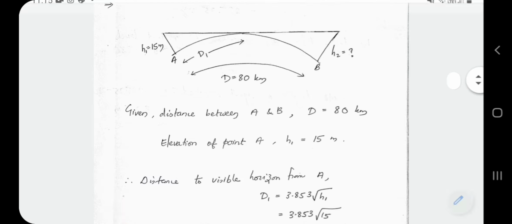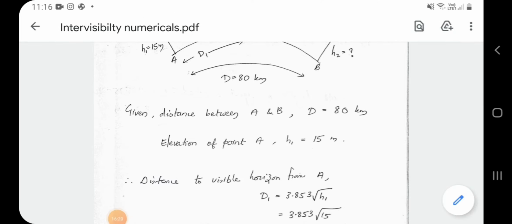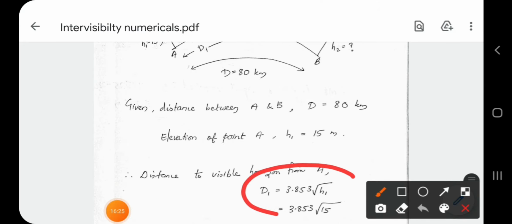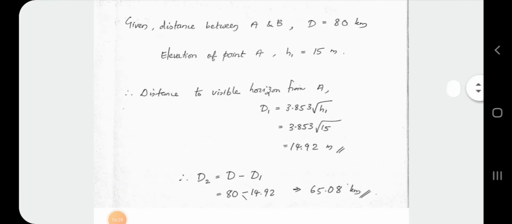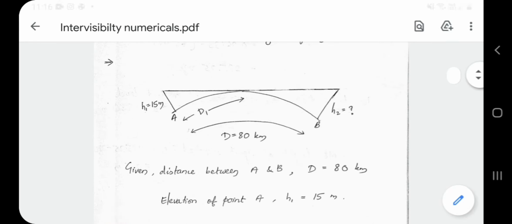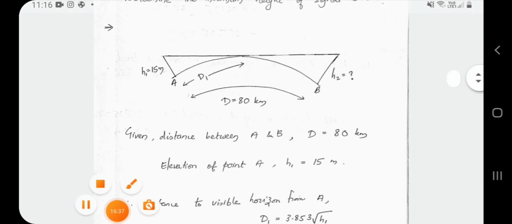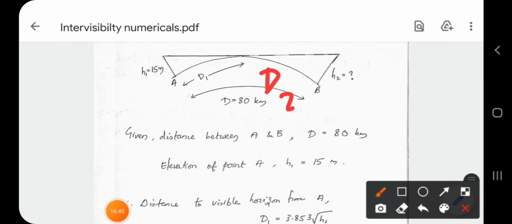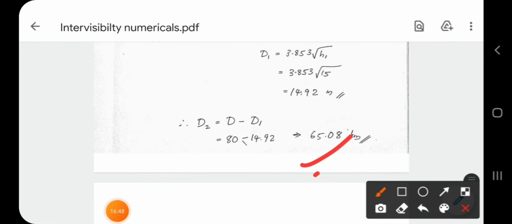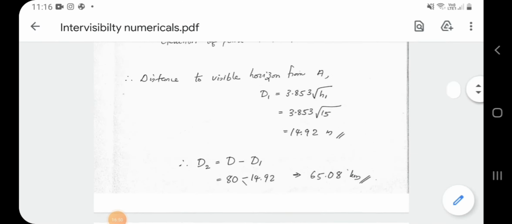So from h1 we can find the distance of horizon, d1, which is equal to 3.853 root h1. So the distance of horizon d1 is 14.92 kilometers. Using this d1 we can find d2. d2 is equal to 80 minus d1, which is 65.08 kilometers.